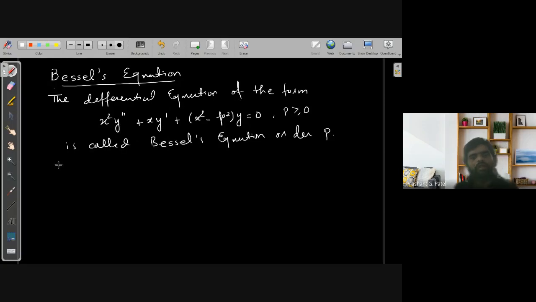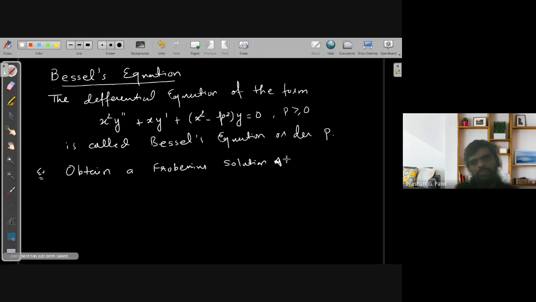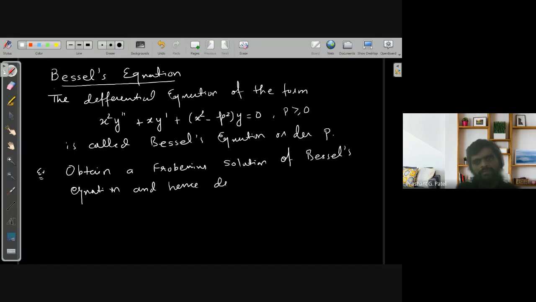So I may write down, as in one of the exercises: obtain a Frobenius series solution of the Bessel's equation, and hence define the Bessel's function.